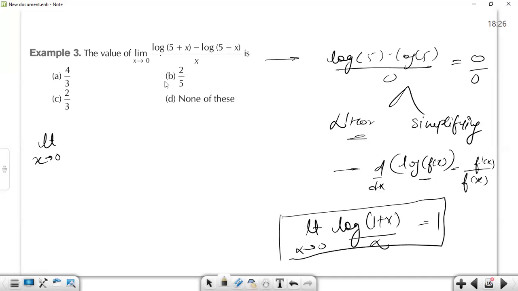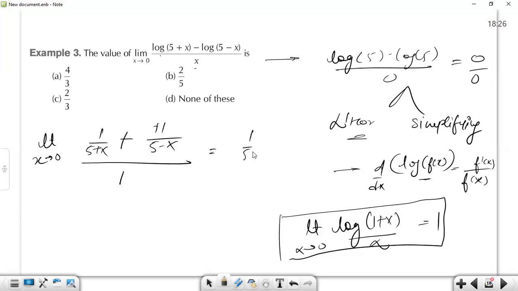So let us now proceed. Here we have 1 by 5 plus x. The differentiation of 5 is 1. Sorry, the differentiation of 5 is 0, x is 1, minus differentiation of 5 minus x is 1 by 5 minus x. Differentiation of 5 is 0, minus x is minus 1. Minus will become plus, and the differentiation of x is 1, nothing.